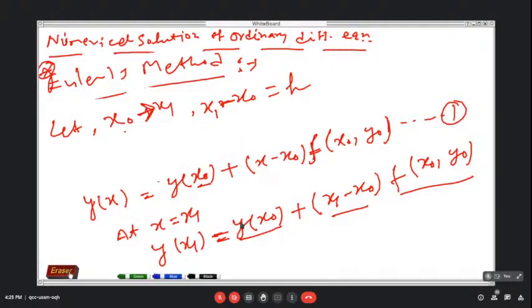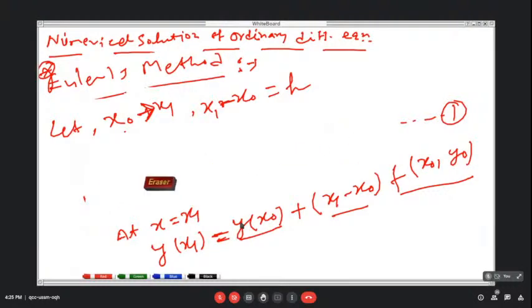You can choose how big or how small a step size you want. The criteria to choose h, you will understand when we discuss the error, because this step size will control your error. We will discuss how error is determined by this h.